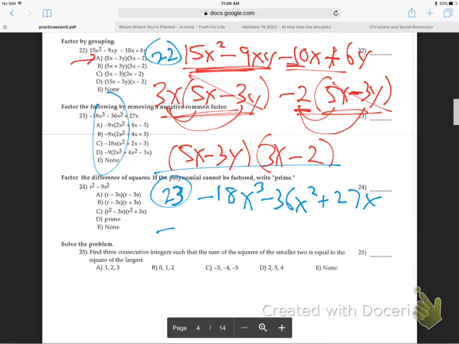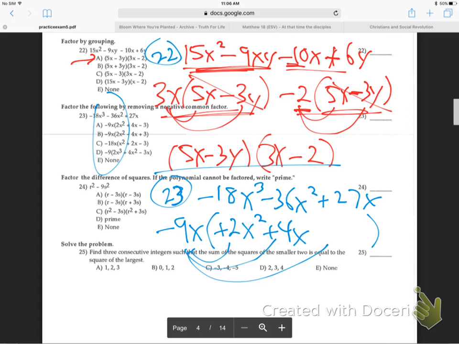So it's minus 9 and x. What works? This would be plus 2x squared, plus 4x, minus 3. So there's that one. Is that it? Answer A. All right.